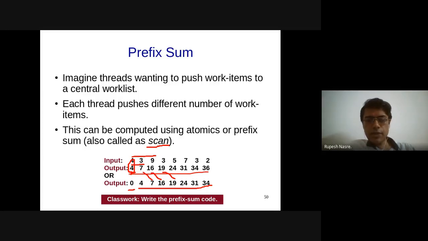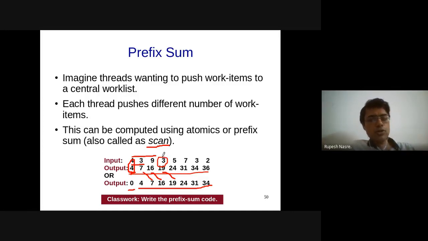Shagnik is suggesting for atomics, we need to make sure all numbers before have been added. Sure. So that is definitely a problem, right? So if I am trying to sum up, let's say I am operating on 3, that is I am going to write the value 19.